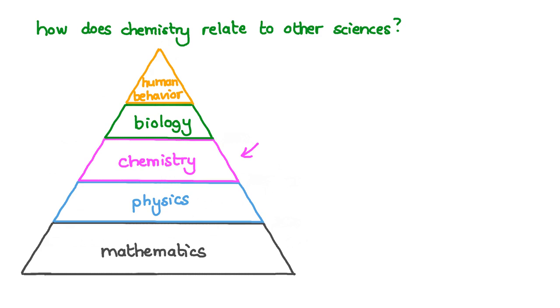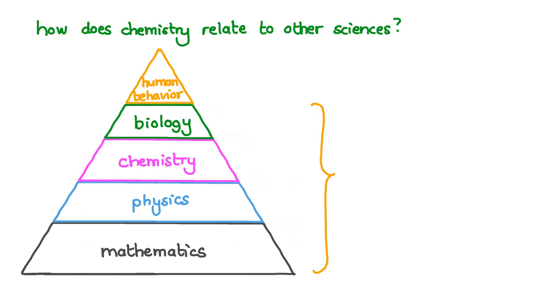Many chemistry discoveries, but not all, over the centuries have been possible because the experimenters used some knowledge of physics in their chemistry experiments. The next layer is biology, whose building blocks are biological chemical molecules. So we can see that the foundation for biology is really chemistry.